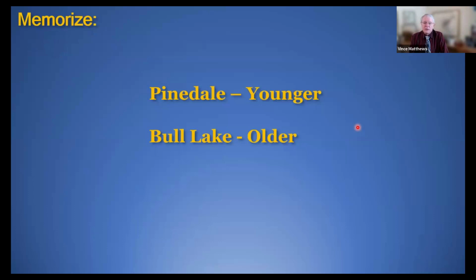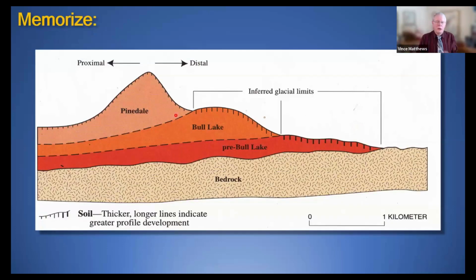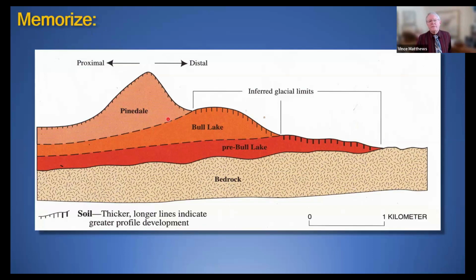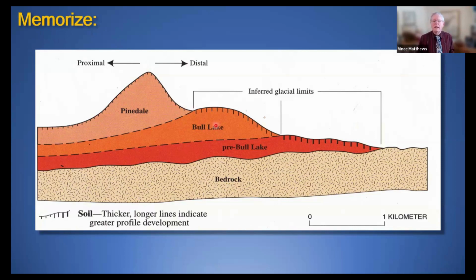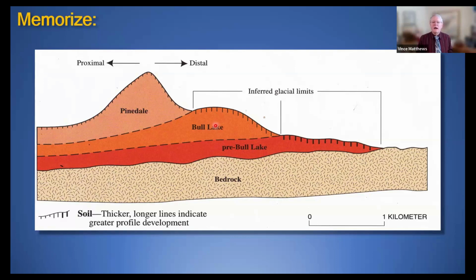Okay, so memorize again. What we're looking at is different features in the Bull Lake versus the Pinedale. Now, they didn't have different features to begin with. They both had sharp peaks. But the important thing to remember about the Bull Lake is it's been around for 100,000 years longer than the Pinedale, or more. The Pinedale has been subjected to erosion for about 13,000 years, and it hasn't eroded that much.